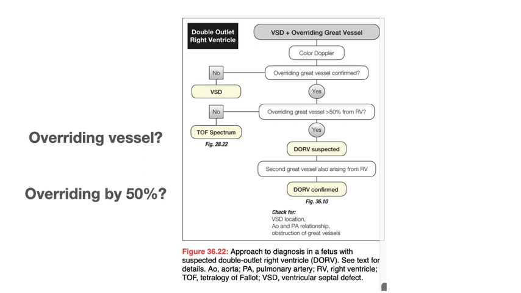That's exactly what we said in the last chapter, which was common arterial trunk. But the difference between those is there is a separate aorta and pulmonary artery. And as long as the great vessels are both over the right ventricle more than 50%, that would count as double outlet right ventricle.